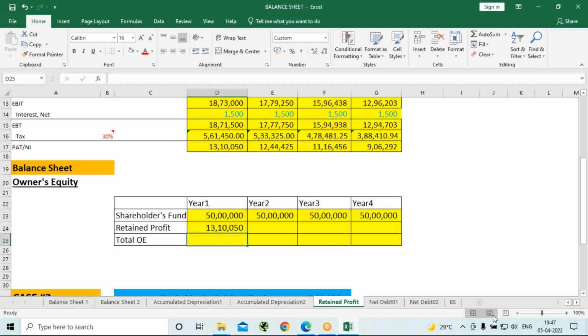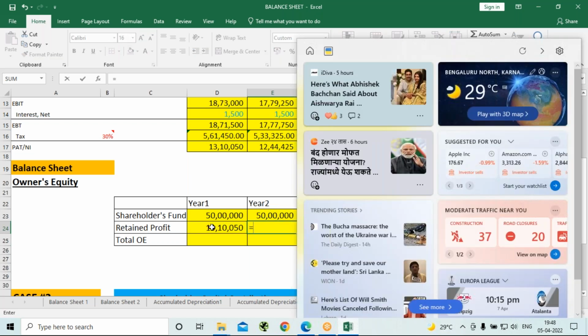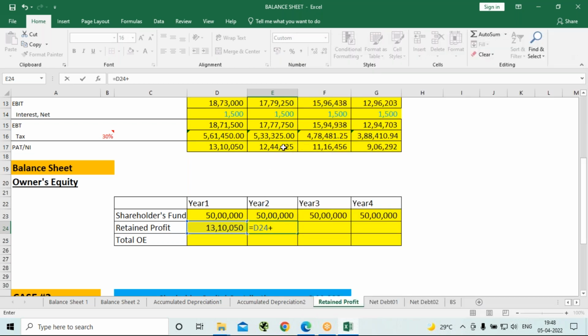So what would be the second year profit? Means it will be equals to the previous year retained profit plus that current year profit.